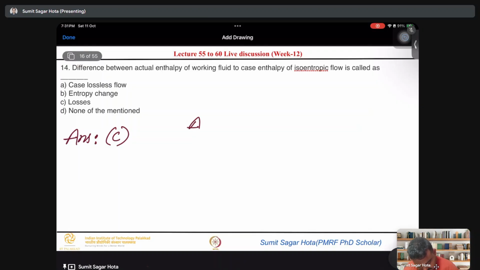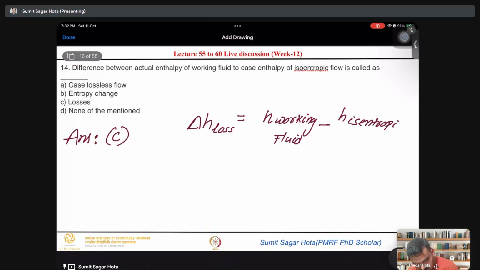So delta H loss is equal to the enthalpy of the working fluid, H working fluid, minus H isentropic flow.